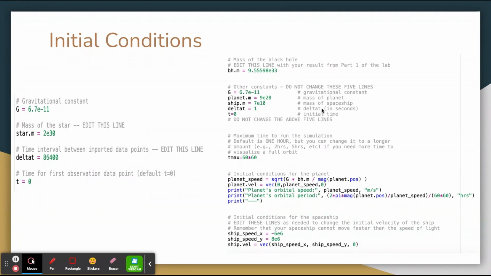And then over here we have part 2. Here are our initial conditions. We have our mass from part 1. These were all given to us: the mass of the planet, our gravitational constant, mass of the ship, delta t, and our initial time. And here are the initial velocities that we had to find at the end.